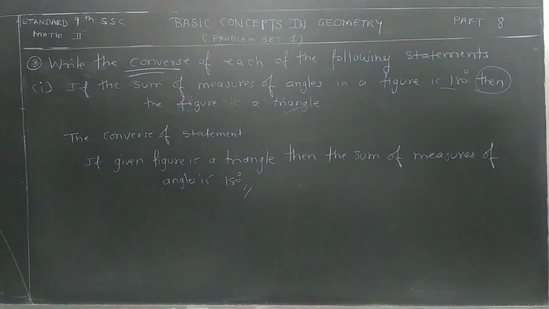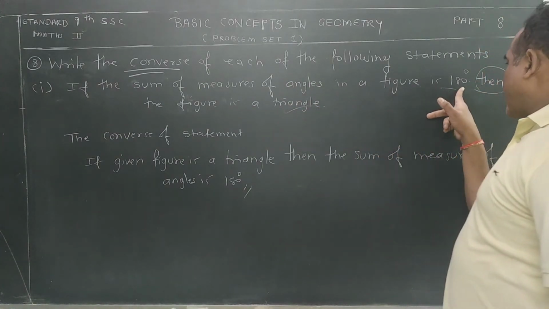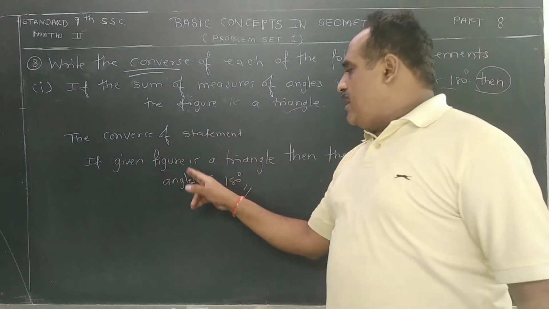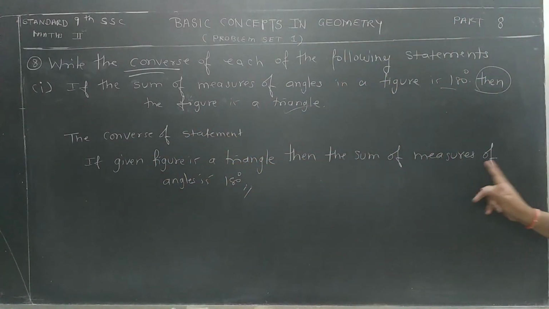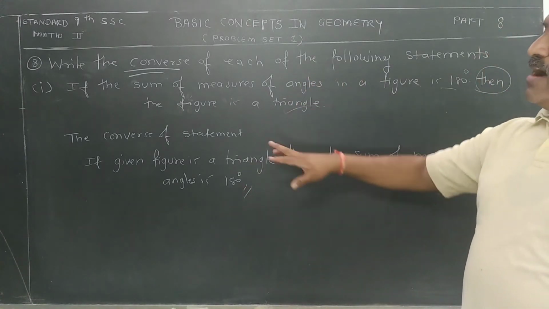Once again, if the sum of the measures of angles in the figure is 180 degrees, then the figure is a triangle. If the given figure is a triangle, then the sum of the measures of angles is 180 degrees, which is the converse of the above statement.